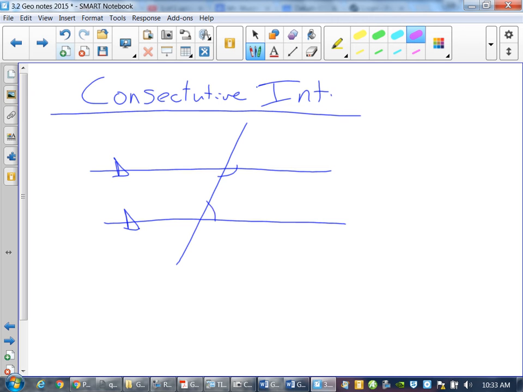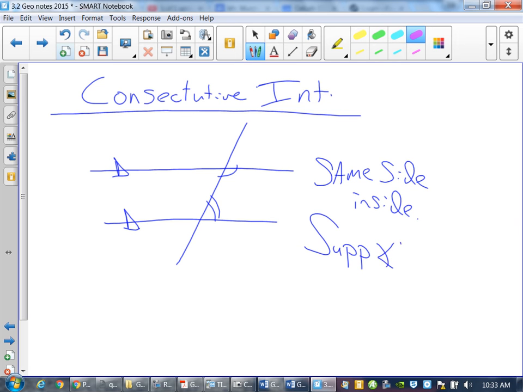Same side, inside. These two angles will not be congruent, but they will be supplementary. If they're supplementary, they add up to equal how much?